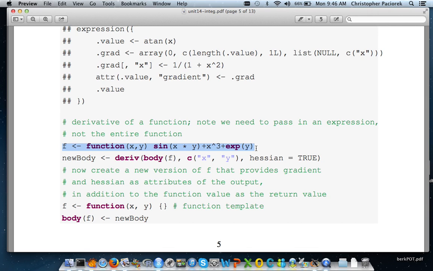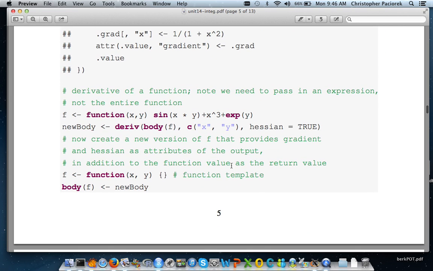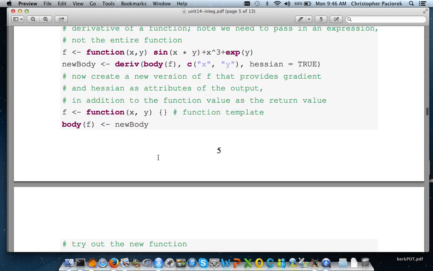So I could create a new function f and plug this new body back in as the body of that function. So just a little bit of machinations with manipulating functions in R. And that would allow me, without having to do the derivatives by hand, to create a new function that gives me back gradient and Hessian information.